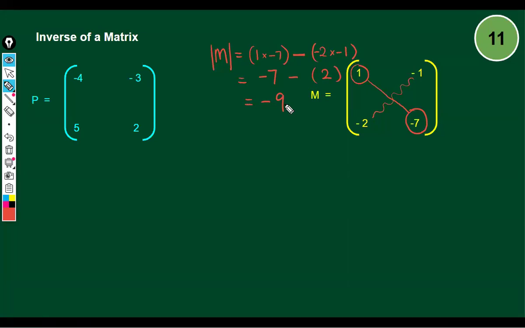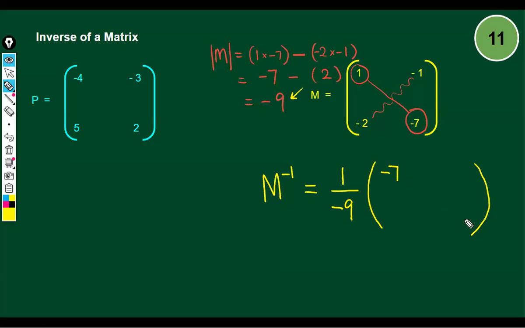Now, we're not finished. Remember, that's just the determinant. To find the inverse of M, I'll put M with a minus 1 here. Whatever we get for the determinant, I told you no matter what, throw it underneath a 1, right? So we throw the minus 9 underneath a 1. The more important diagonal, what do we do? We switch the positions.